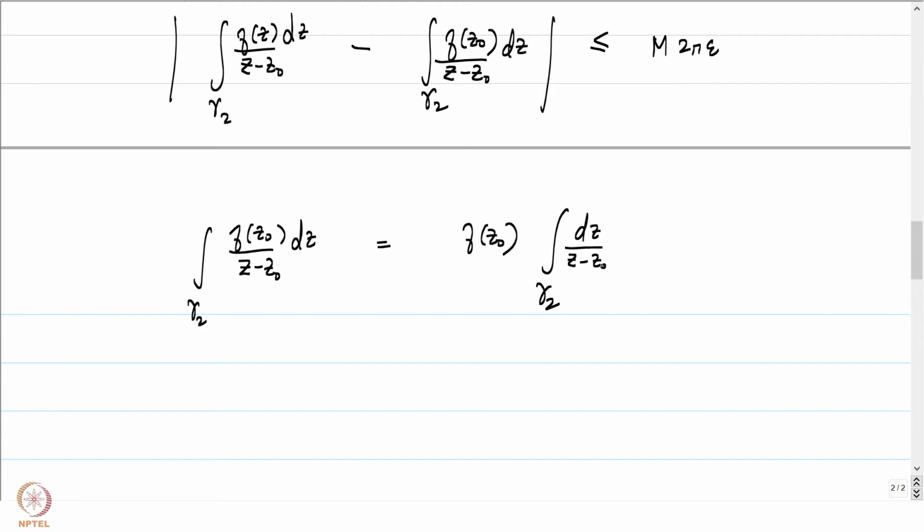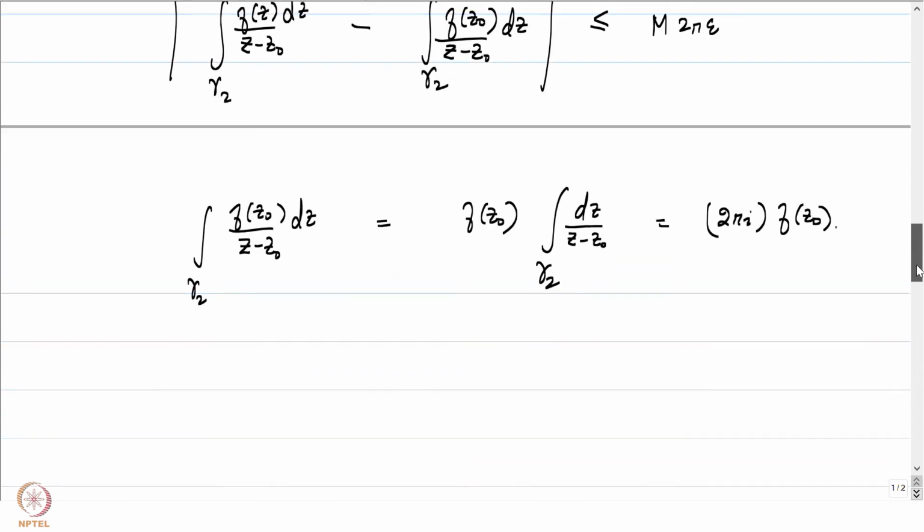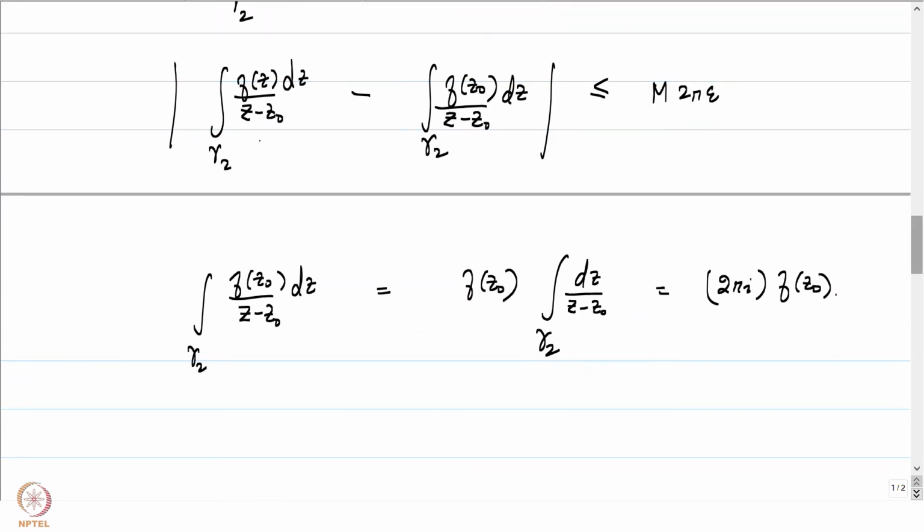Now this is an integral which will be very similar to the integral of 1 by z over the unit circle. You should sit down and write down the change of variable to see that this is 2 pi i times f of z naught. This is precisely what the second integral here is going to be. And the first one, by Cauchy's theorem, we know is already equal to the integral of f of z by z minus z naught over gamma.